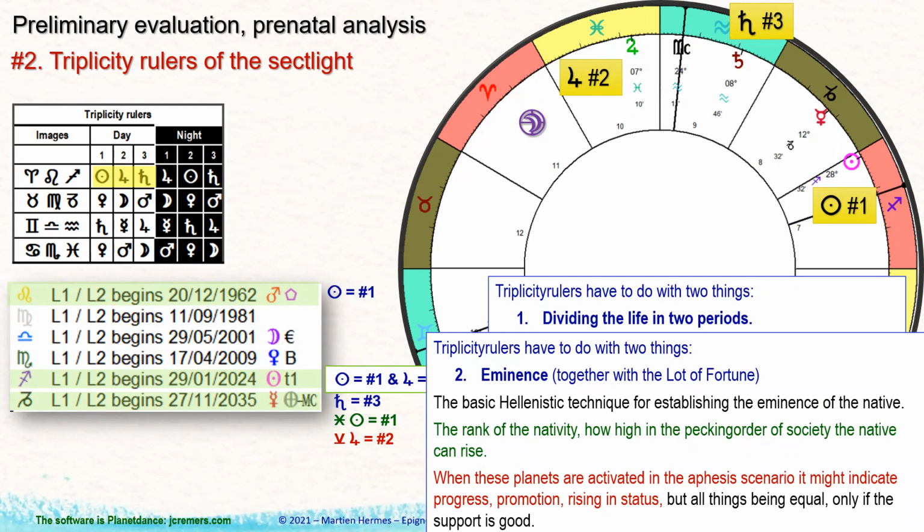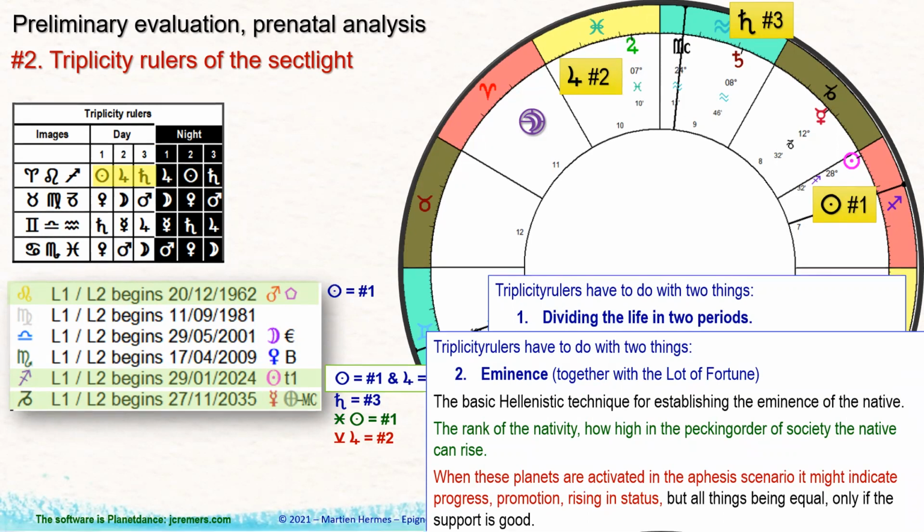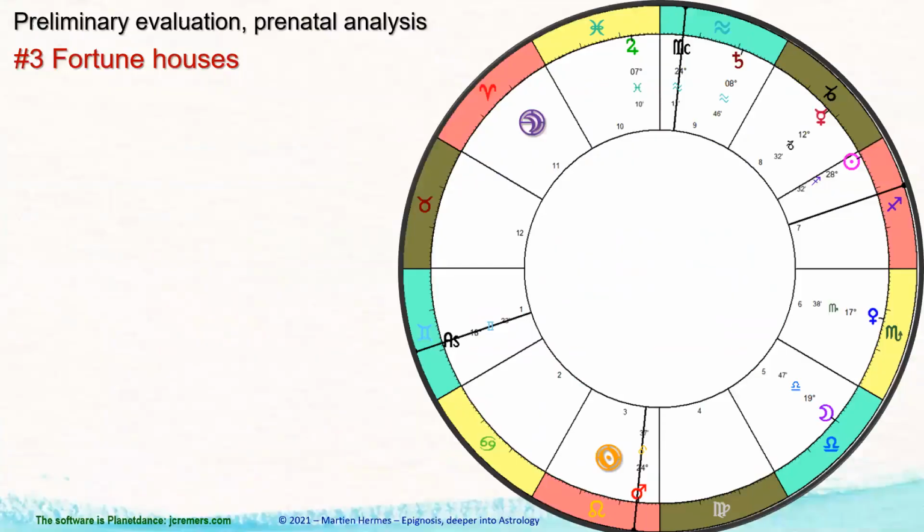Okay, the fortune houses, because that's our third evaluation of a chart. Again, it's very interesting because we see that the moon is in the fortune 7th place and Mercury is in the fortune 10th place, which are very strong places to be.